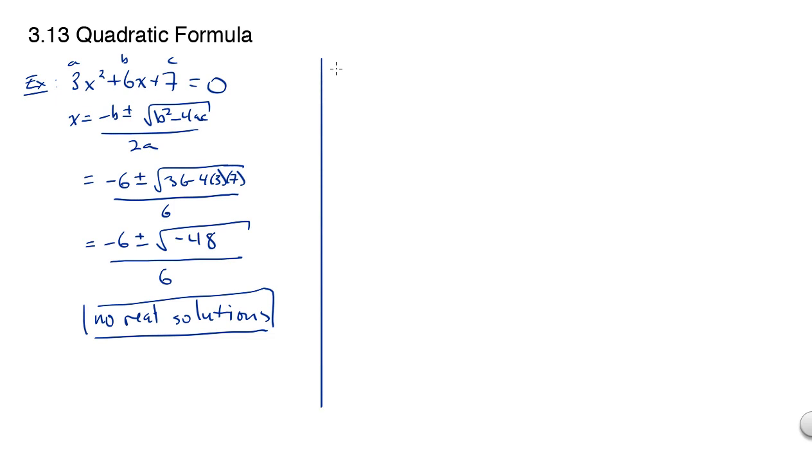So what if your equation isn't in that standard quadratic form? Well, you just solve to get it into that form. For example, let's solve x squared equals 3x plus 5. So I want to get all these terms on one side and 0 on the other.